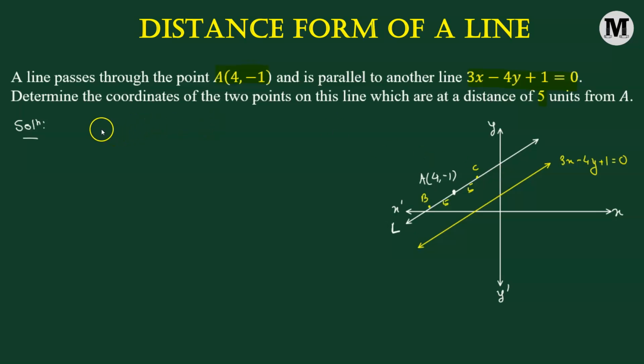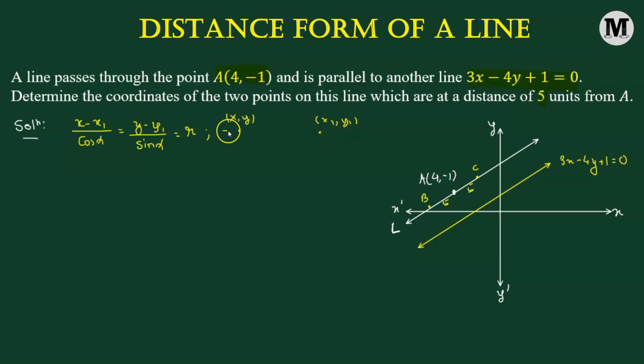So let's quickly recapitulate the distance form of a line. The distance form of a line is given by x minus x1 divided by cosine of angle alpha, equals y minus y1, that means the difference of the y coordinate, divided by sine of angle alpha, and that equals r. Let's understand the parameters used here. We have 2 points: one point has the coordinates x, y, and the other has the coordinates x1, y1.